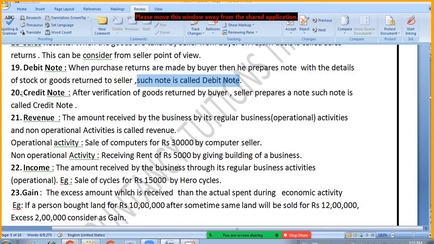Next one, credit note. After verification of goods returned by the buyer, the seller prepares a note. Such a note is called a credit note.